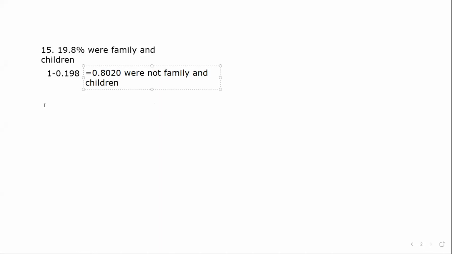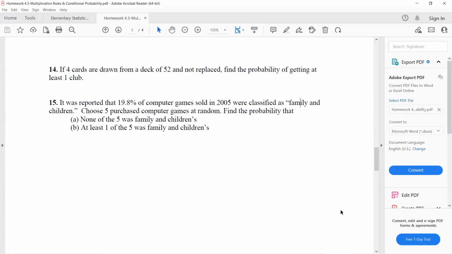Okay, so it says that we're choosing 5 of these. Choose 5 and find the probability that none of them were family and children.